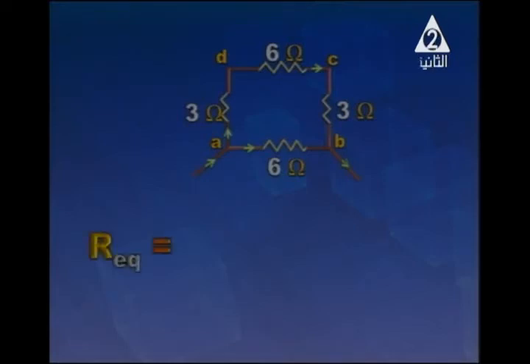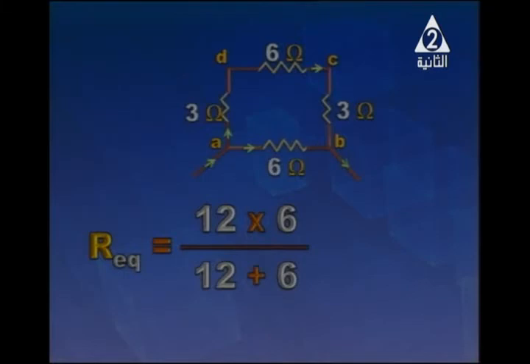And now it's all easy to calculate R total when we know where the current enters and leaves through the group, the parallel combination. Here we've got a battery or a source applied across AB. So R equivalent is equal to 12 times 6 over 12 plus 6.